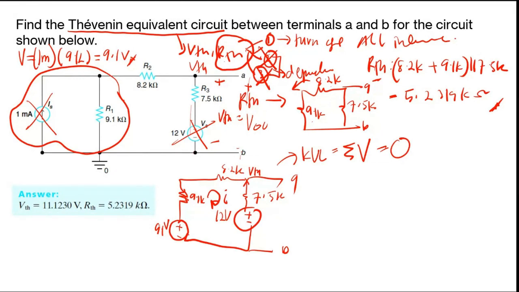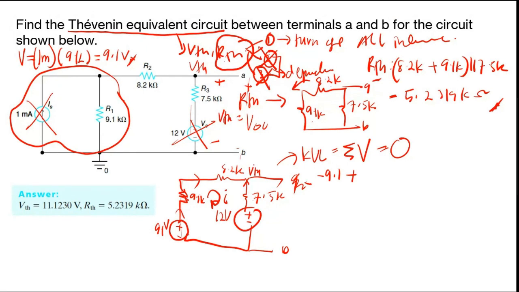So you can sum all the voltages here to find the value of I, and then from there you can find the value for VTH. Starting with the current direction, you have negative 9.1 plus the sum of all the resistors.